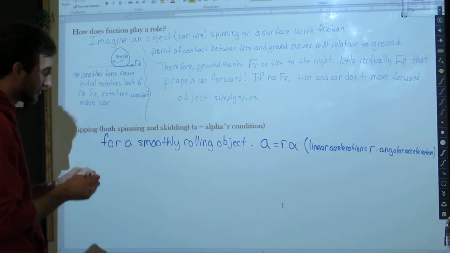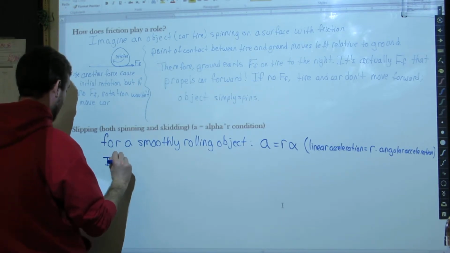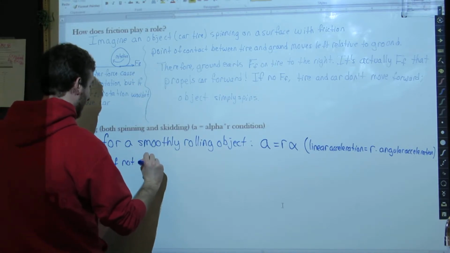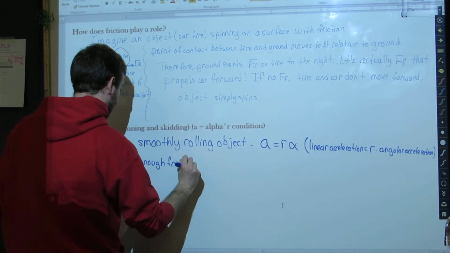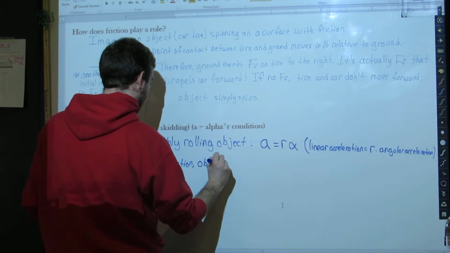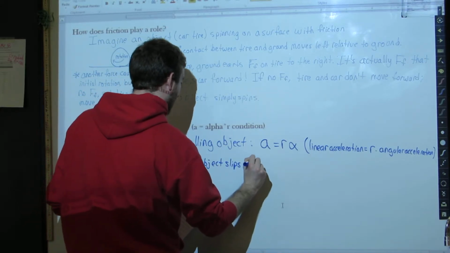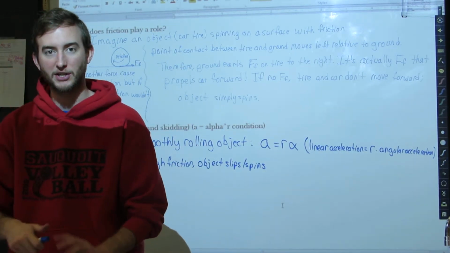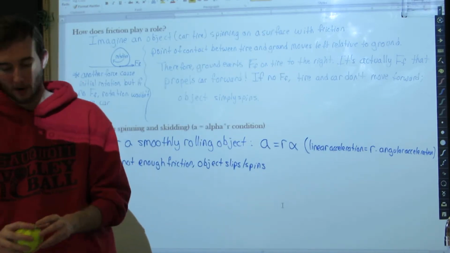If something else happens, let's say there is not enough friction, that means the object will slip or spin too much. Let's say there's not enough friction to cause it to grip.